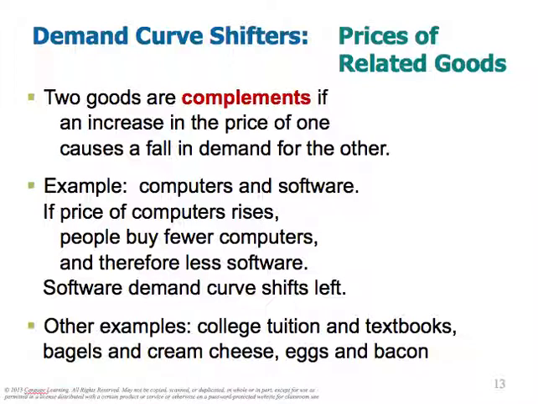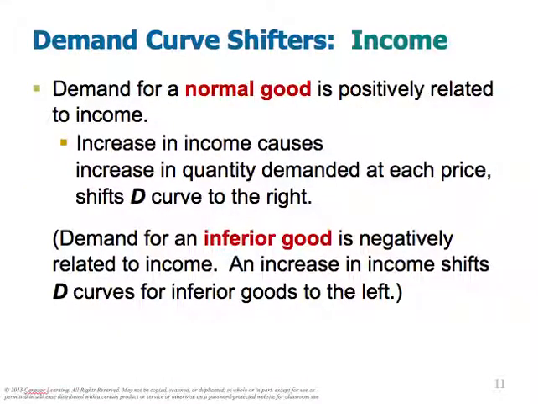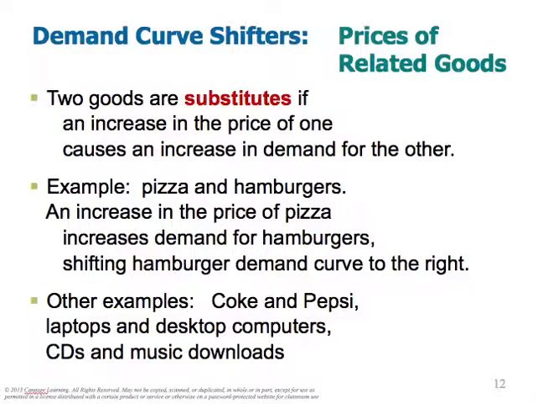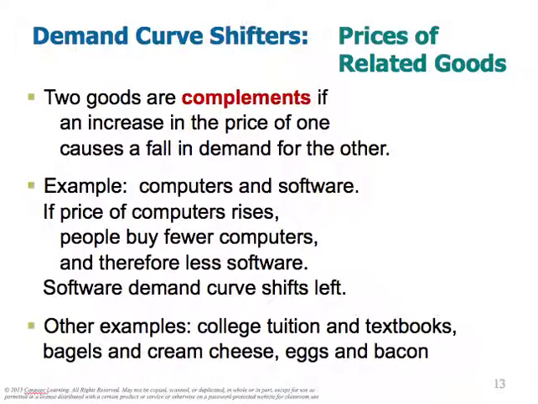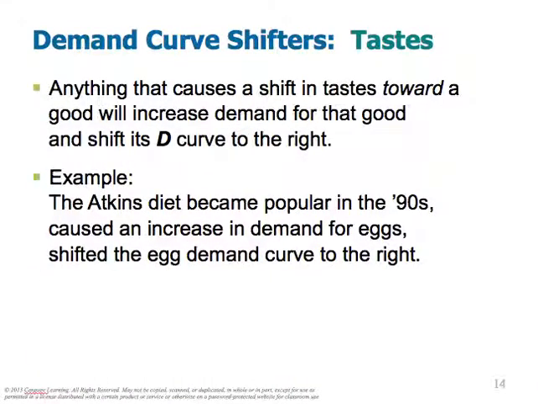Remember that you'll have a shift in the curve only when your income increases, or the price of the substitute has changed, or the price of the complement has changed, or the next case, where the taste of the consumers has changed. So anything that causes a shift in tastes toward a good will increase demand for that good and shift its curve to the right.